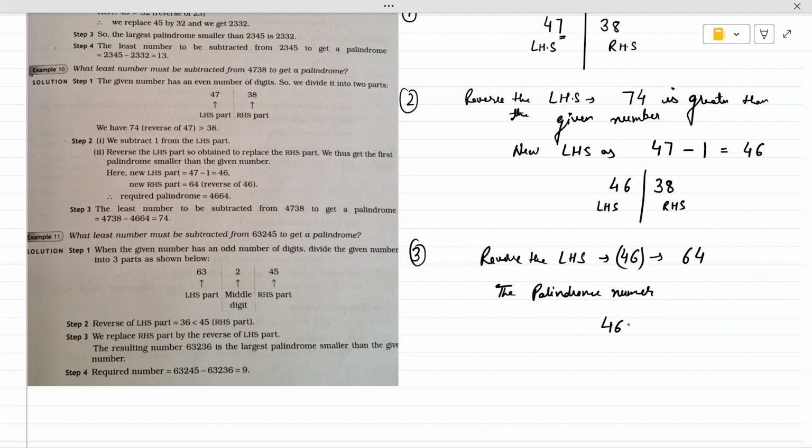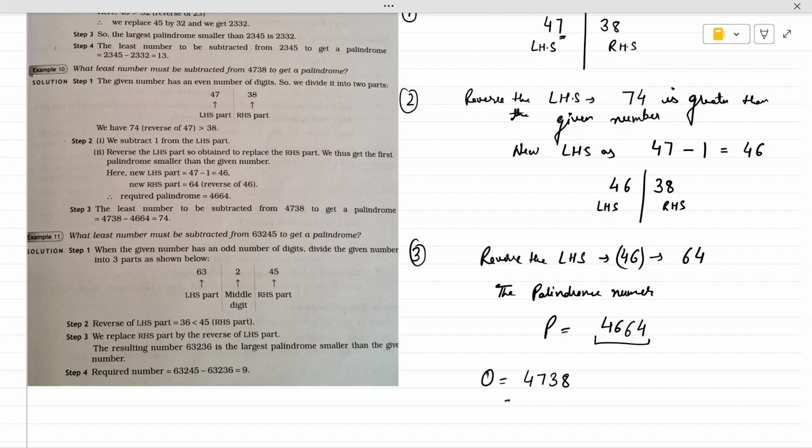We have the new palindrome number as 4664, and this is also less than the given number 4738. I'm writing this as P. I'm writing the original number as O, which is 4738, and now we have to find the least number.